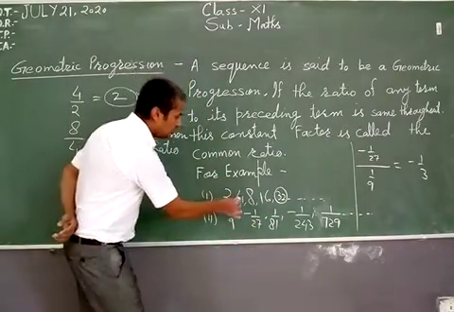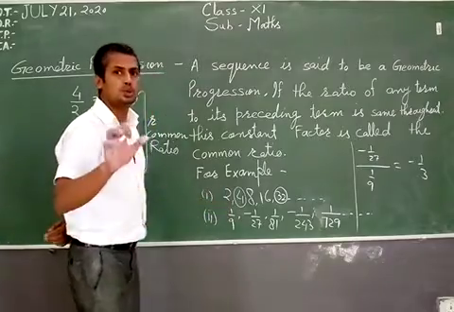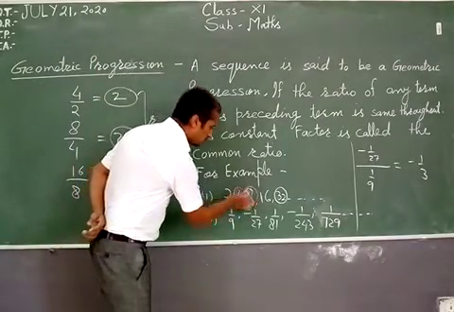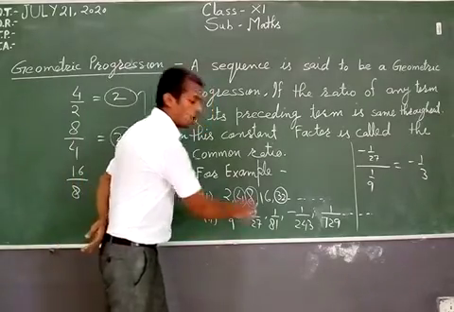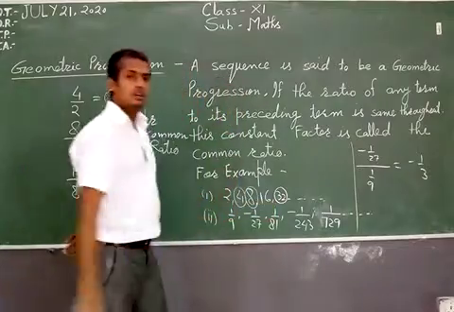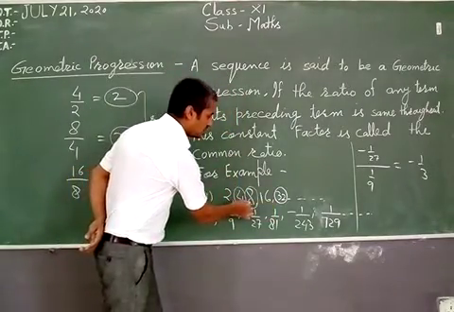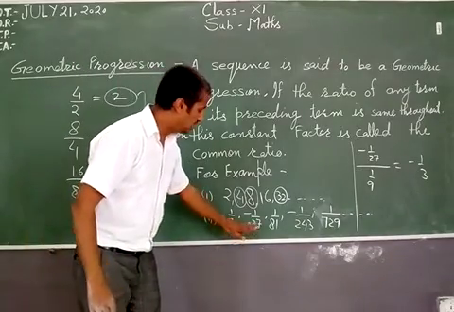If I divide the second term by the first term, the ratio is 2. The third term divided by the preceding term 4, the common ratio is 2. The next term divided by the preceding term 8, the common ratio is 2. Similarly, we can do the same in the next series.